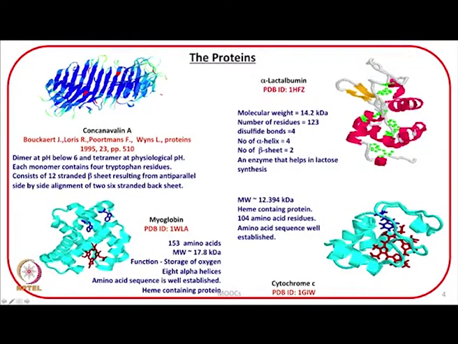We have earlier discussed alpha-lactalbumin. Alpha-lactalbumin, a milk protein having calcium, can easily be pushed into a molten globule state by removing calcium, that is, by changing the holo protein to an apoprotein, and the apoprotein is also called the A state of alpha-lactalbumin.